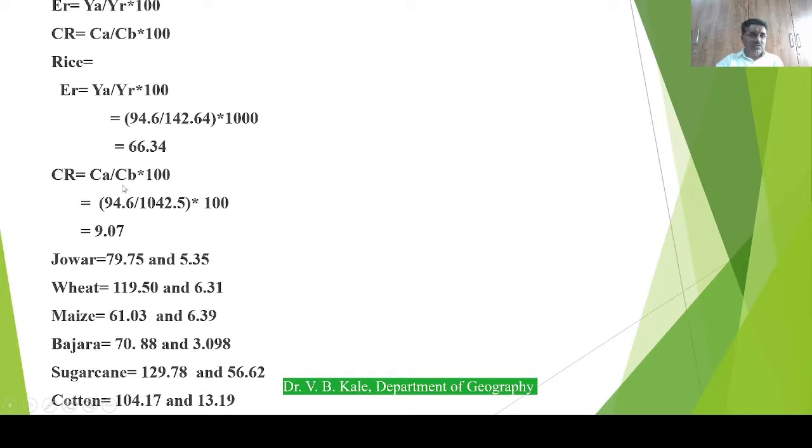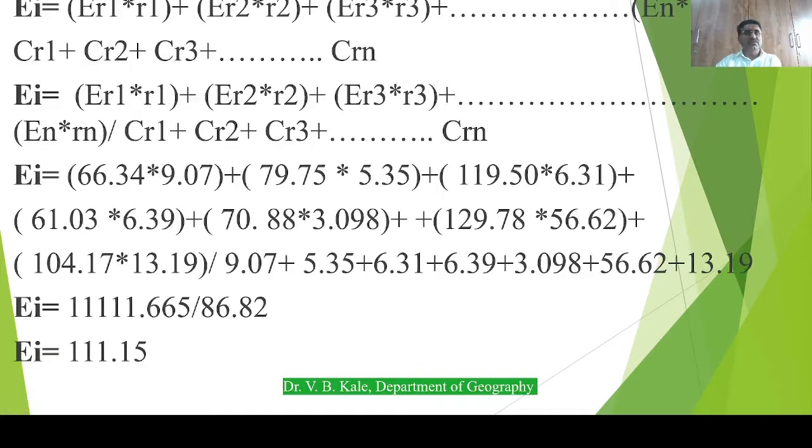In the same way we can calculate the ER and CR of each and every crop. Whenever we calculate all these things in this manner, we have these values: jowar 79.75 and 5.35, then wheat, maize, bajra, sugarcane, cotton. So these calculations show the ER and CR of each and every crop, and using these values we have to calculate the agricultural efficiency.